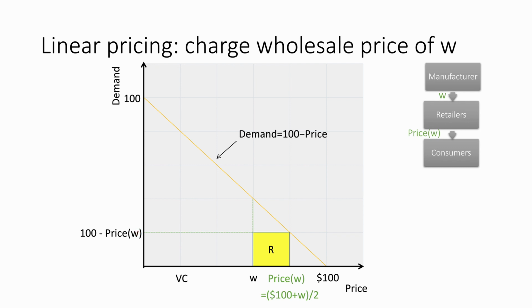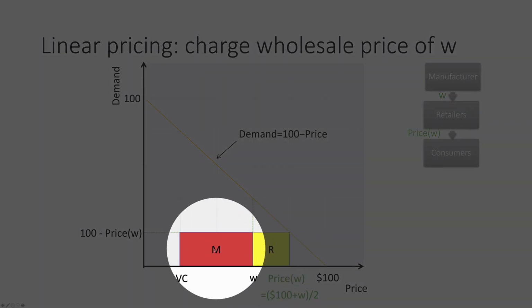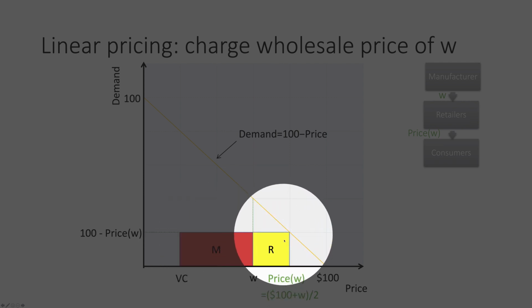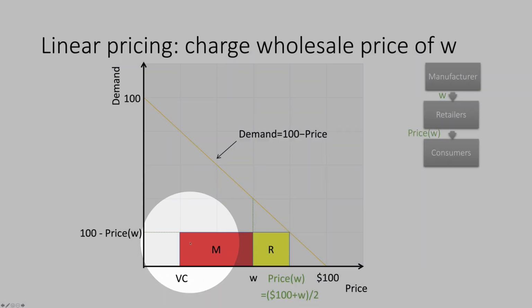So the manufacturer would get a profit of wholesale price minus variable cost, times demand. This is the manufacturer's profit, and this is the retailer's profit. The channel profit is the total profit made by the manufacturer and the retailer, so it is this red area plus this yellow area.